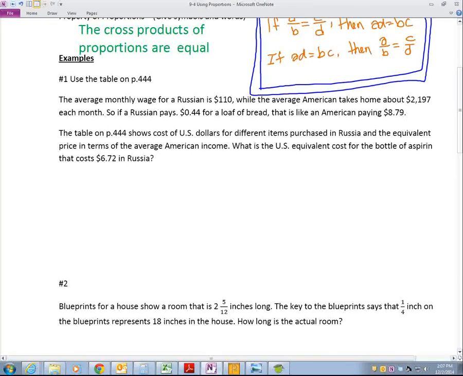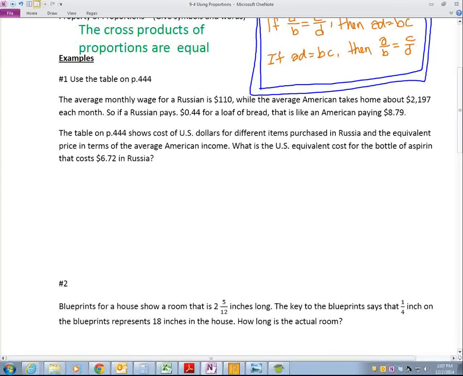While the average American takes home about $2,197, that just shows you the average of the two. So if a Russian pays 44 cents for a loaf of bread, as much of an impact on their income as that is, it's the same as if an American was paying $8.79 for a loaf of bread.